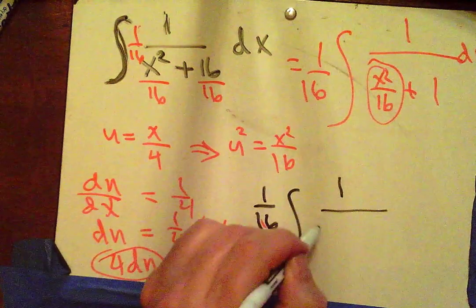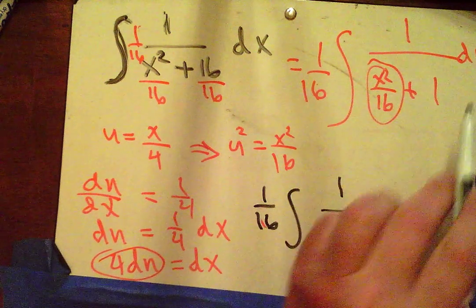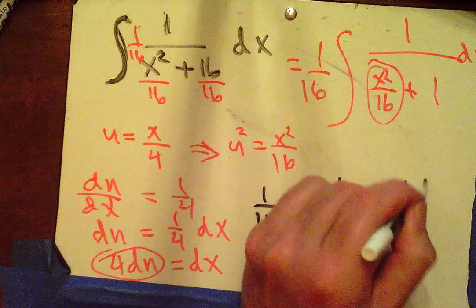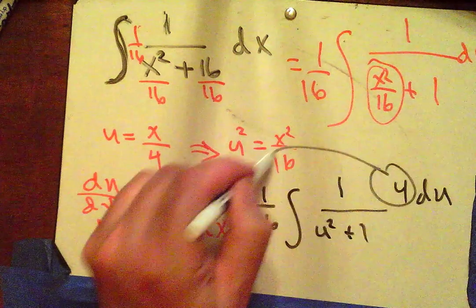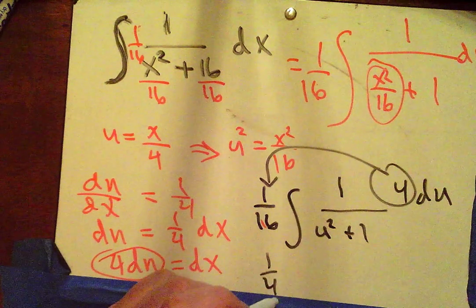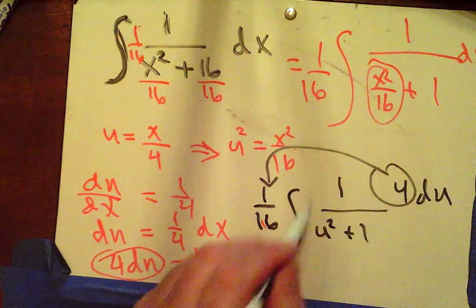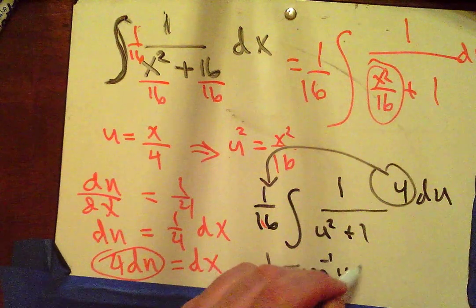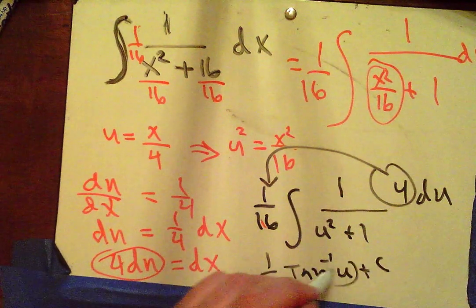We've got 1 over u squared plus 1. And what was dx? dx was 4 du. Okay. Migrate that constant out in front. 4 over 16 is going to be 1/4. And the integral of 1 over u squared plus 1 is tangent inverse u plus c.